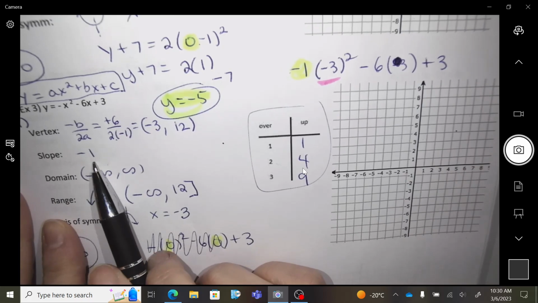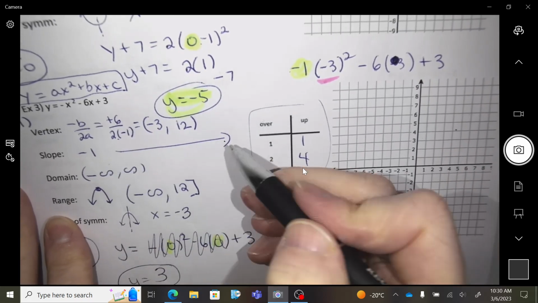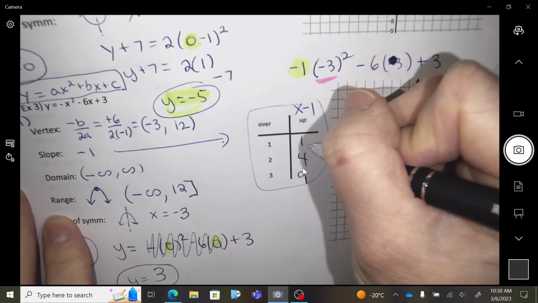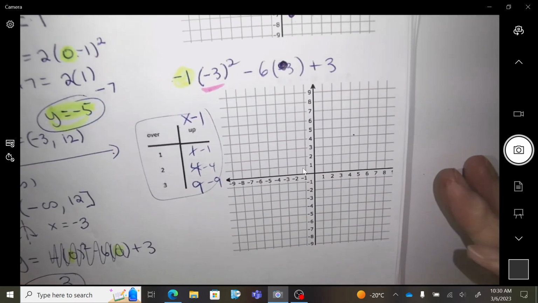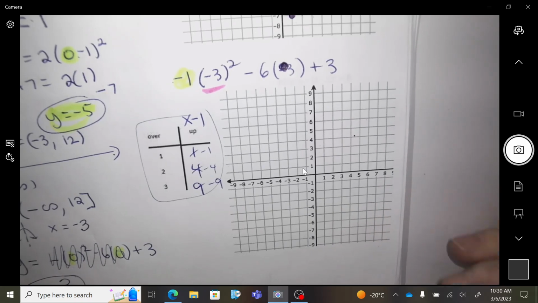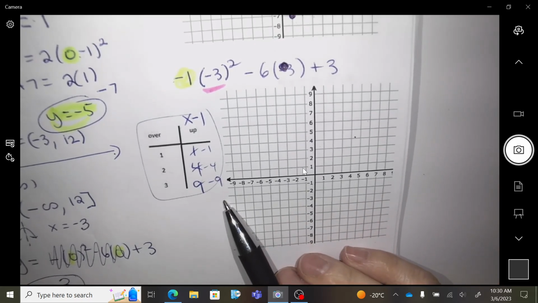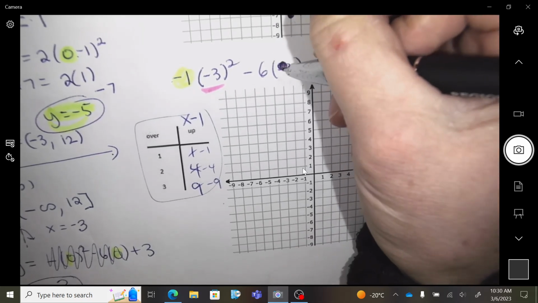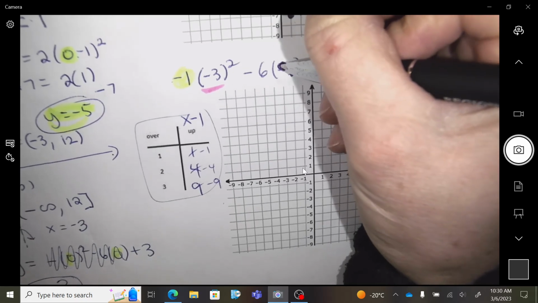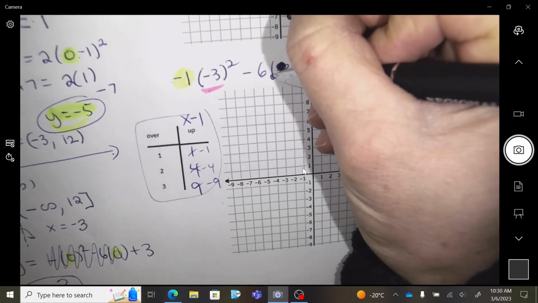But we said the slope was negative 1. So all those numbers are just negative. So go over 1, down 1, which I'm still off the chart.